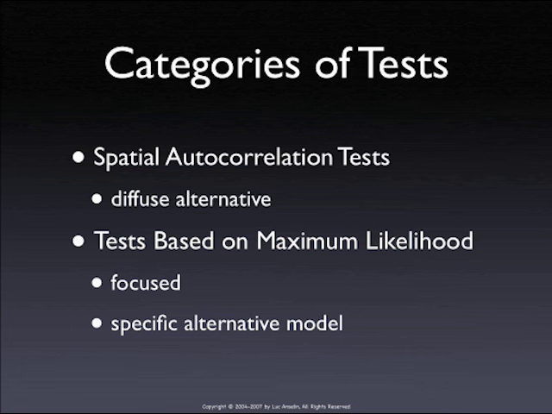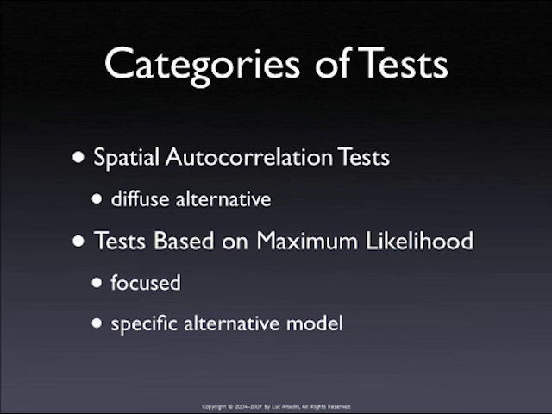If you have, say, model A with a weights matrix based on simple contiguity, and model B with a weights matrix based on economic distance, and let's say model B is the true model, but you construct a specification test using contiguity weights.